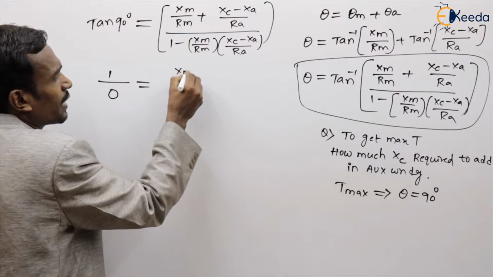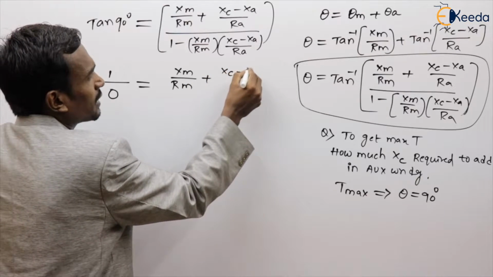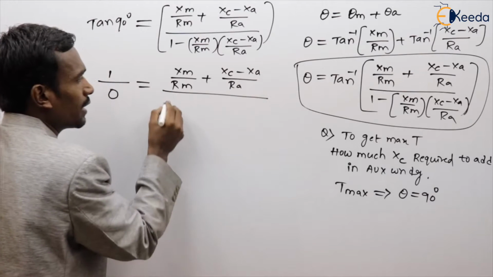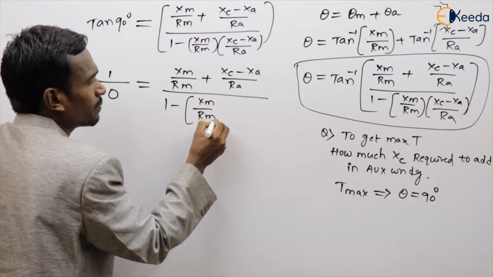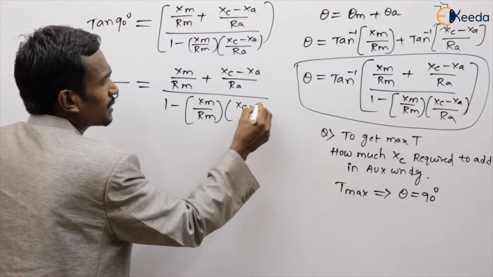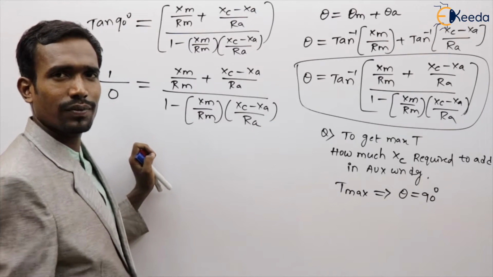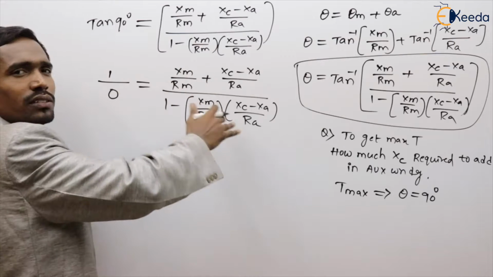So here, Xm by Rm plus (Xc minus Xa) by Ra divided by 1 minus Xm by Rm into (Xc minus Xa) by Ra. Now do the cross multiplication.